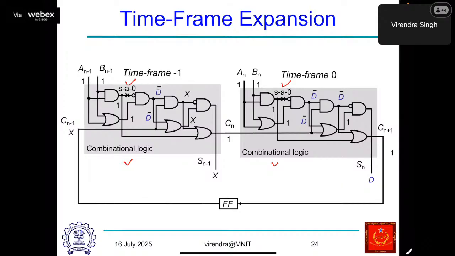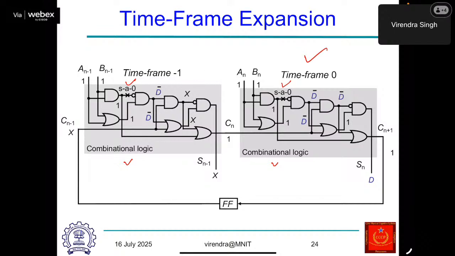So earlier in combinational test generation, we were assuming a single stuck-at fault. Now we have to assume that there are multiple stuck-at faults in the circuit. You have to generate the test within the multiple stuck-at fault availability. So now let's say that here I have this copy.